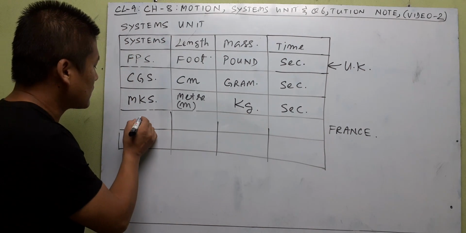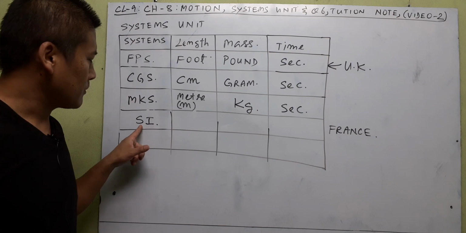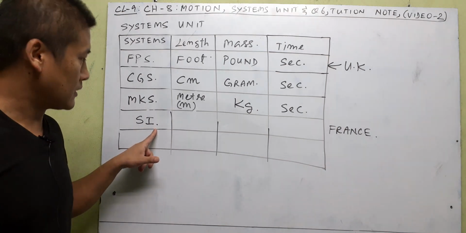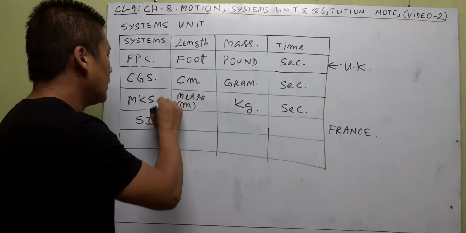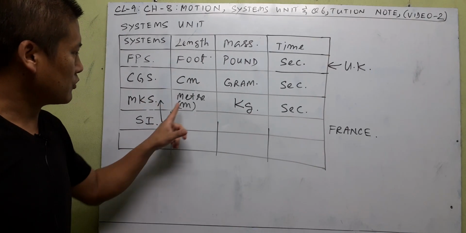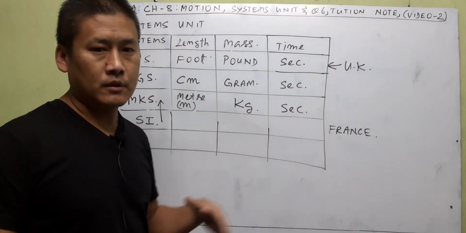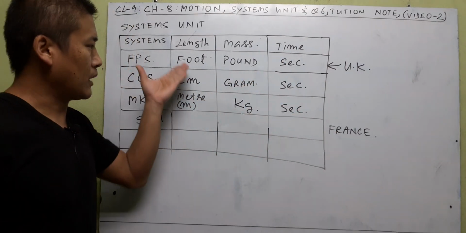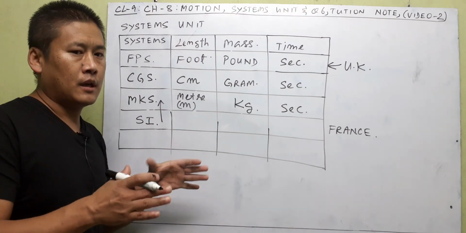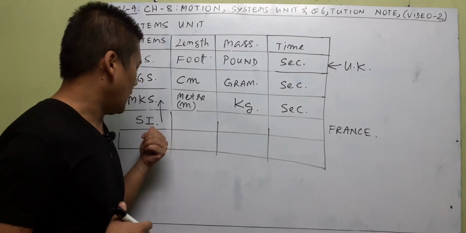They brought out that system called the international system, which is simply abbreviated as the SI system. This SI system follows the MKS. That means for measuring length, the SI system uses meter, for mass, kg, and for time, second. So this is how they overcame the confusion of using different units. And nowadays, in modern times, we use the SI system.